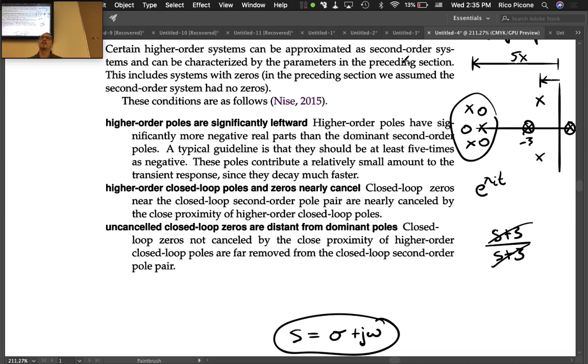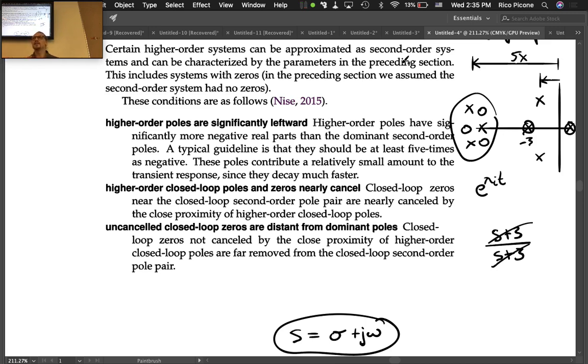So you might say something like, okay, I want the settling time to be less than X, say less than 3 seconds. Well, maybe the settling time should be less than 3 seconds according to the second order approximation, okay? So you're like, oh, okay, according to the second order approximation, this should be the case based on this parameter that I've chosen.